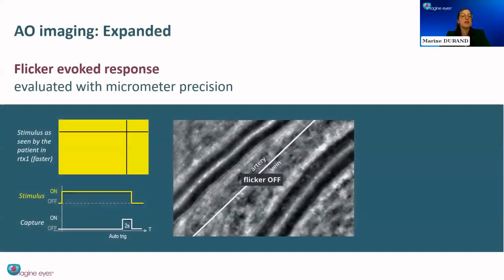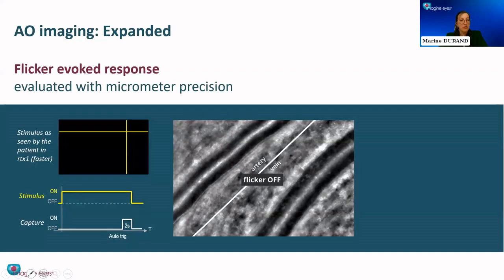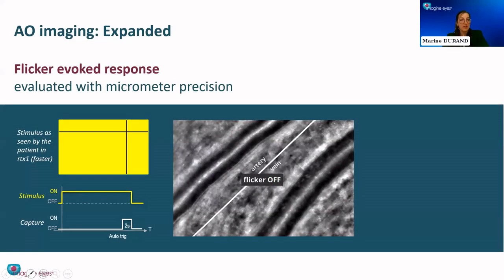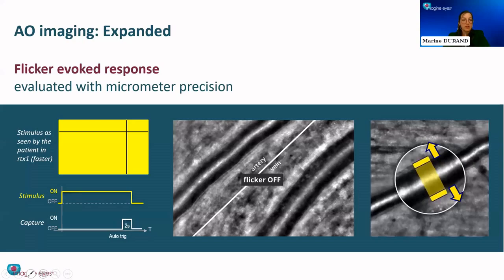To go further in the investigation of retinal vessels, we have added one new feature related with the assessment of vessels in the RTX1. So this is flicker stimulation. So why have we added the flicker stimulation? It's because there was growing need for functional assessments, and we had requests for this kind of stimulation in the RTX1 in order to assess what is called neurovascular coupling at the level of precision that is enabled by adaptive optics.